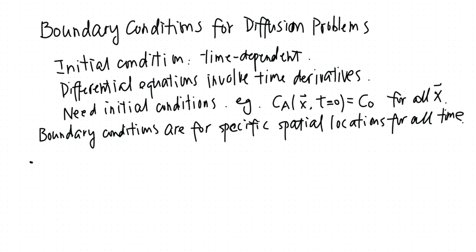The first type of boundary condition is to specify the concentration at the boundary.